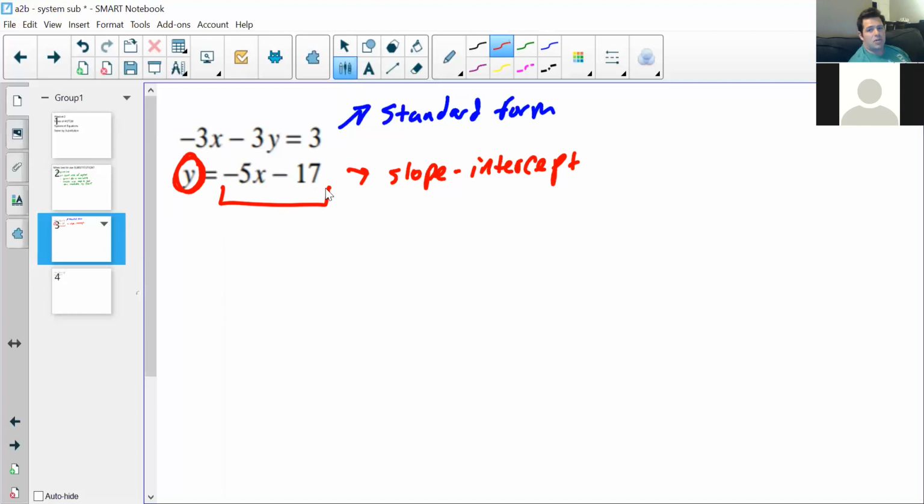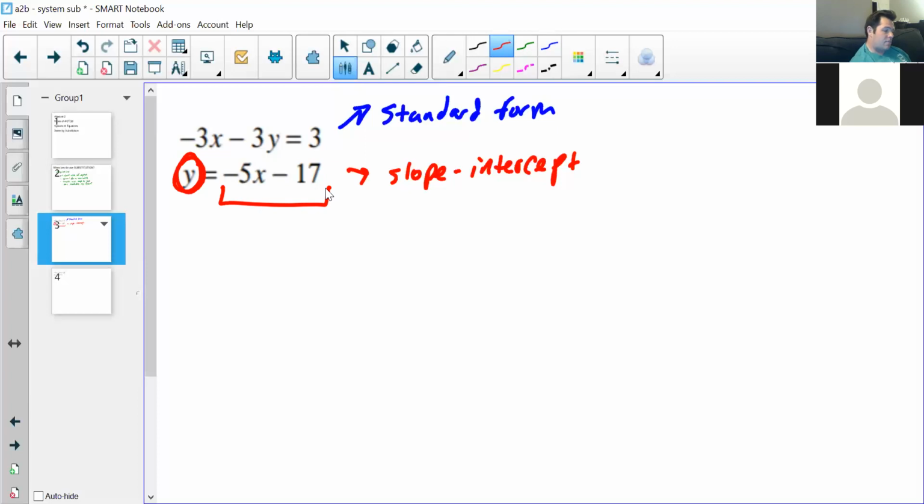And in this case, we're going to be solving for x. It doesn't have to be the y that's isolated, although if it's in slope-intercept form, y is equal to mx plus b, the y is by itself. So in this case, it lines up really well to substitute something in for y.